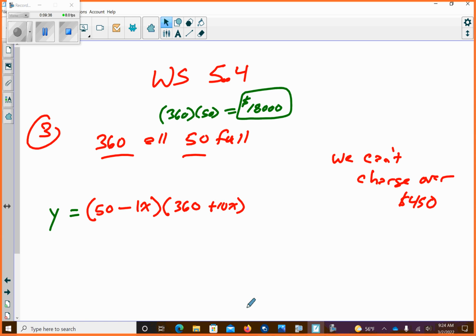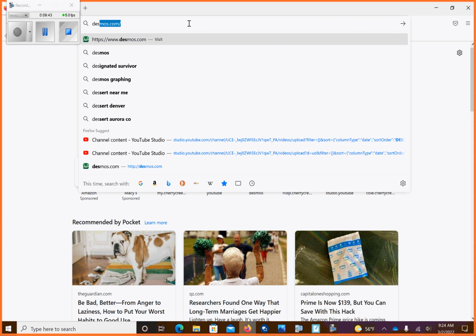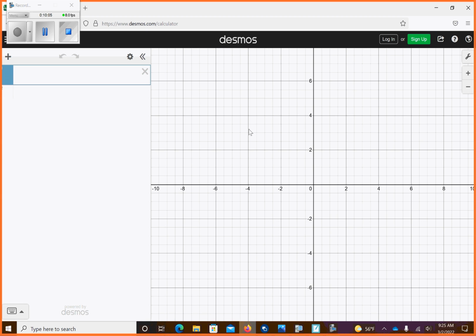All right, Desmos. Just trying to think, is that going to be right? Do I want to subtract that? The demand for the product is that. Oh, you know what?